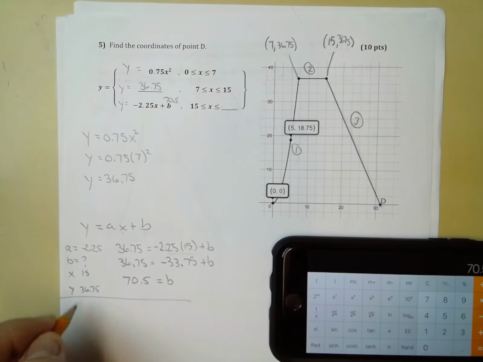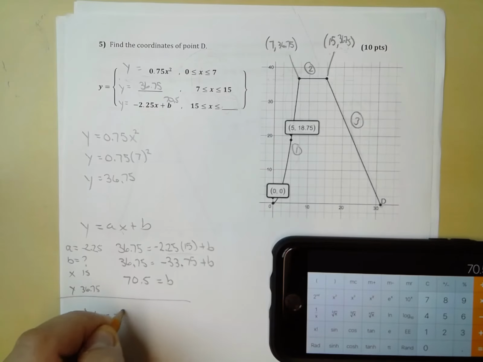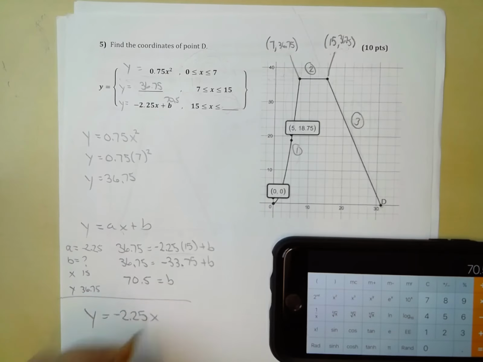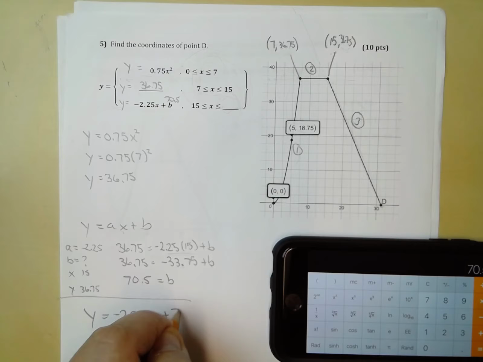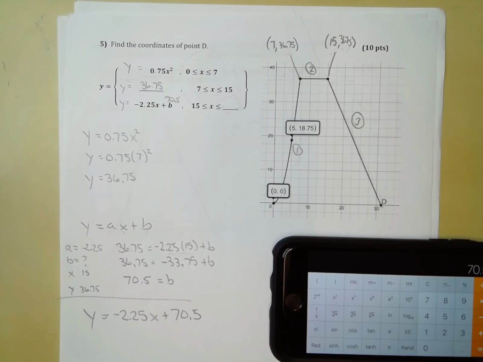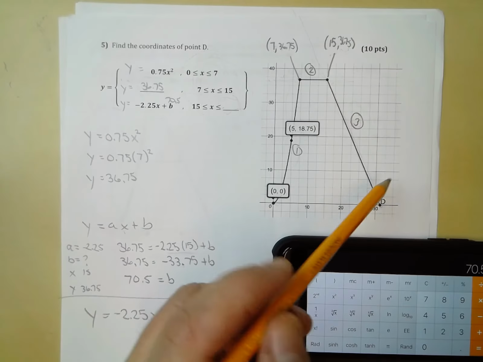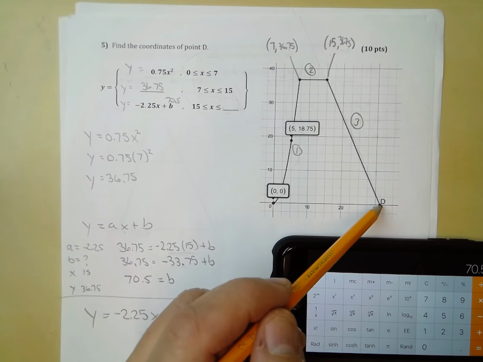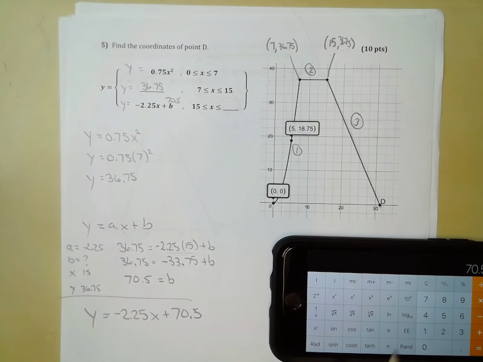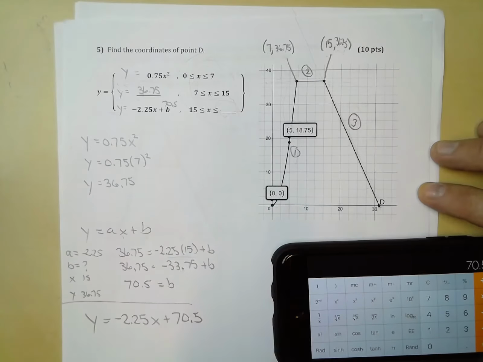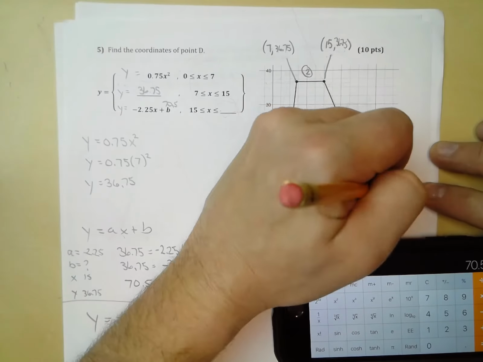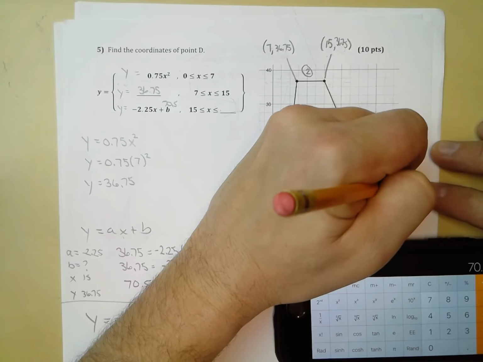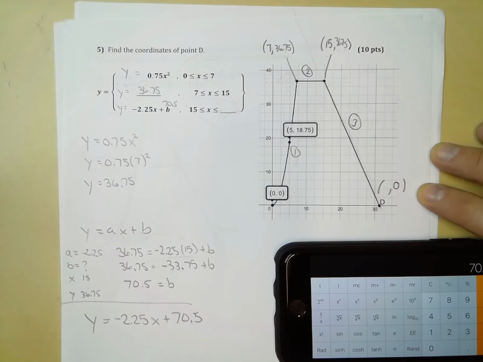Why does that matter? Well, y is equal to negative 2.25x plus 70.5. And you've got to remember what we're being asked. We're being asked for the x coordinate of point D. Now here's the thing that you've got to remember. It's the tricky part with this question. Is that at that point, which is the intercept, we already know that the y is equal to 0.